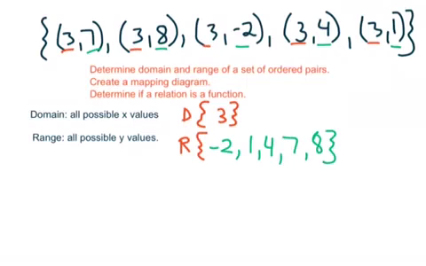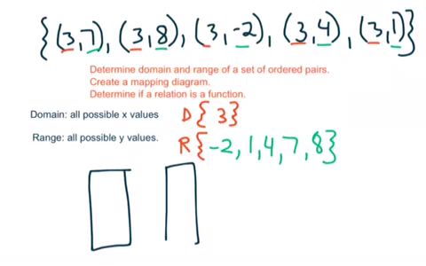Okay, so creating a mapping diagram. A mapping diagram is where you make two boxes, one for domain and one for range. In domain, we have the number 3. For range, we're going to list the numbers -2, 1, 4, 7, and 8. And then we're simply drawing arrows.